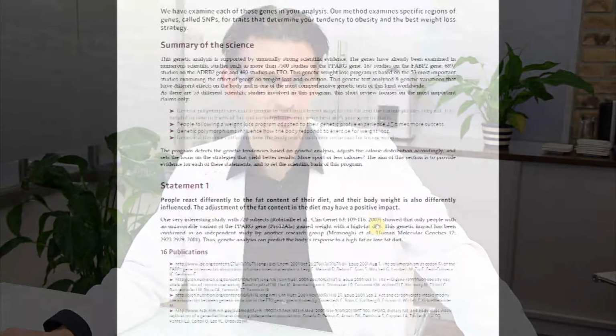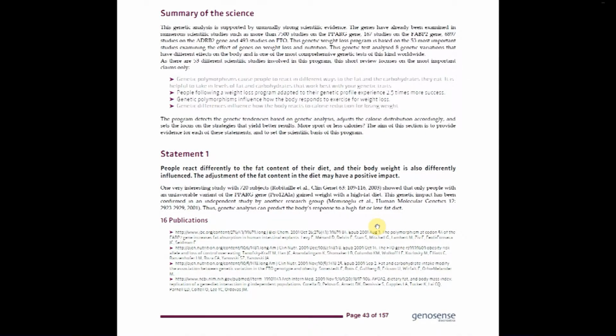All right, and here you see a general summary. So the important statements, such as people react differently to the fat content in the diet. Some people are sensitive, others are not. And adjustment of fat content in the diet may have a positive impact. And then you can see one study used 720 subjects.